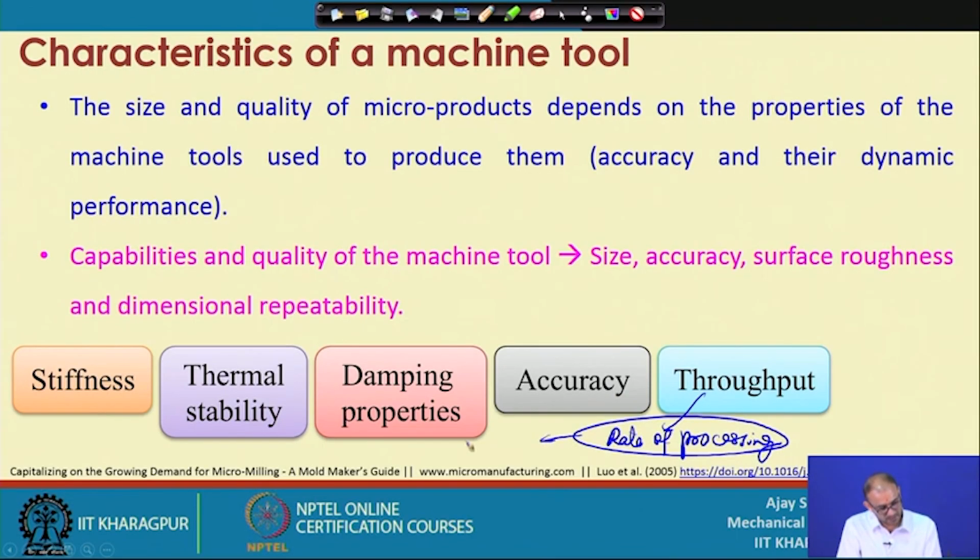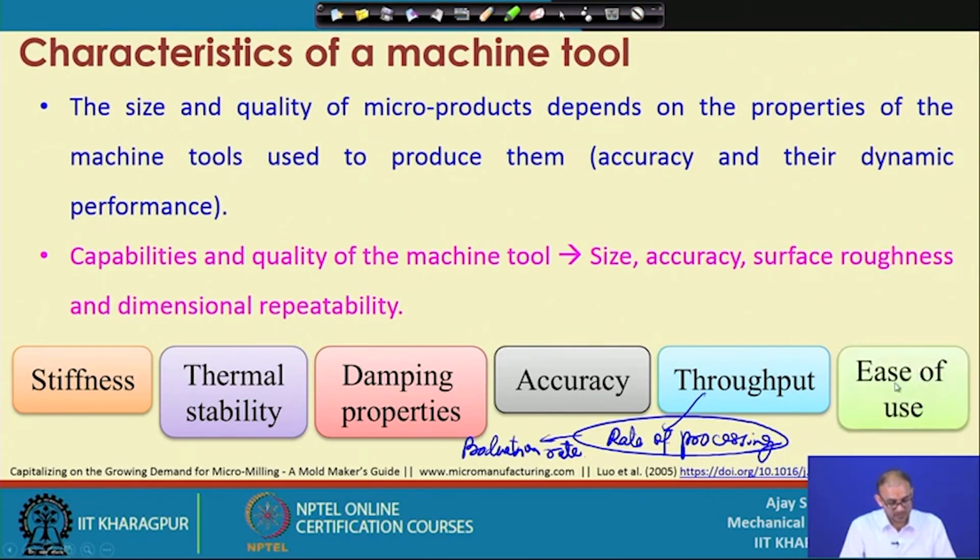That is important, because even if everything is there, we should have a reasonable amount of throughput, so that we can justify the cost versus the production rate, because the cost of the machine is obviously very high, but if you are not able to extract the required amount of work out of it, your machine will not be useful for other operations.